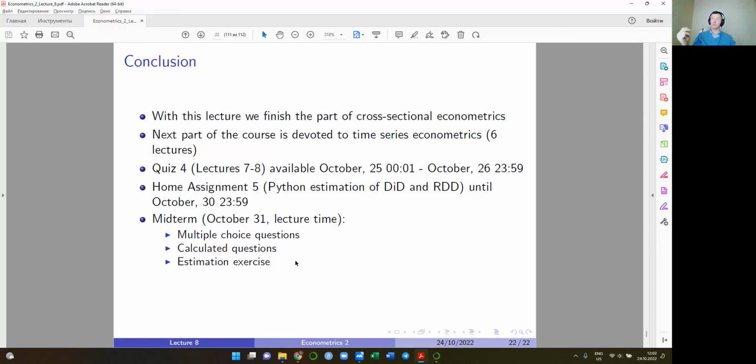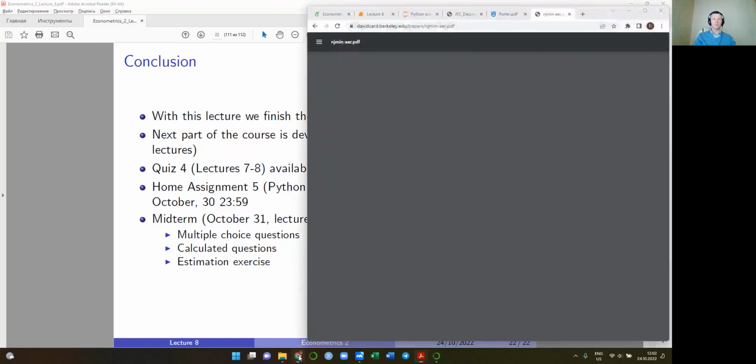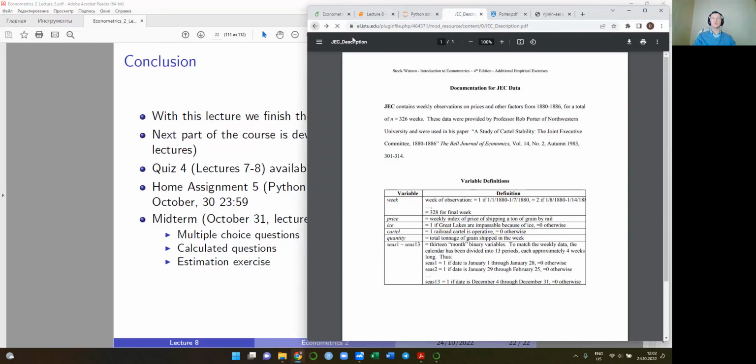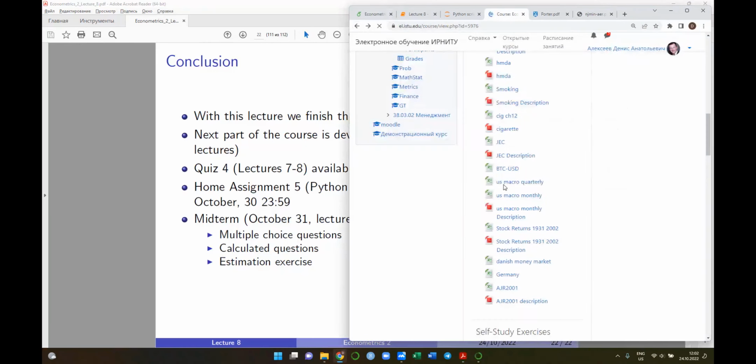For the estimation, you need to remember only the home assignments that we've made: binary dependent variables, panel data, instrumental variables. What else? What's the last? I forgot.